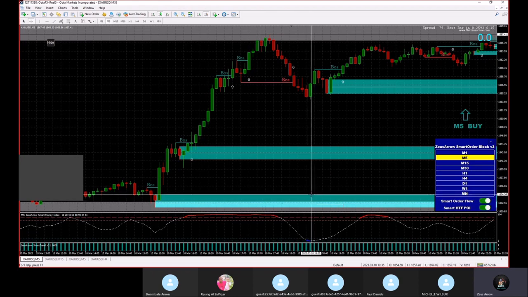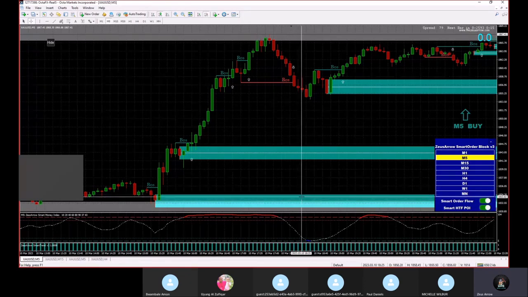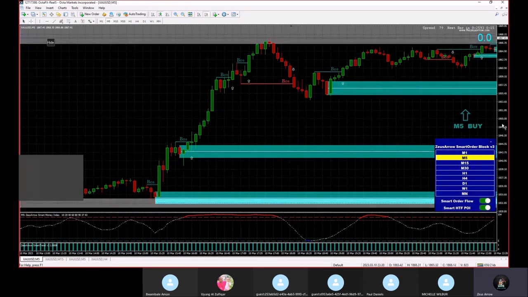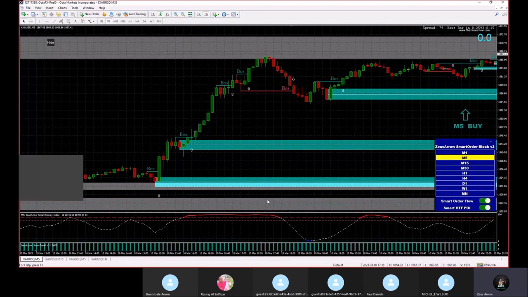The majority of retail traders are going to take their entry here. But that is what even the market makers know. So it will make sure that it goes to the average distance and taps as many stop losses as possible. If you do the same thing as everyone else, you are not a smart trader.